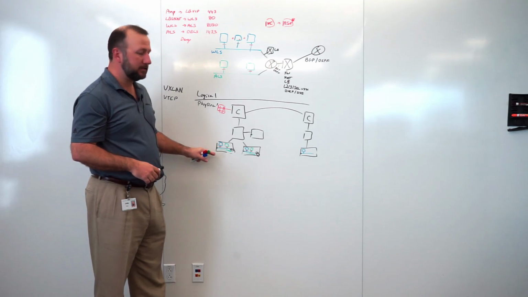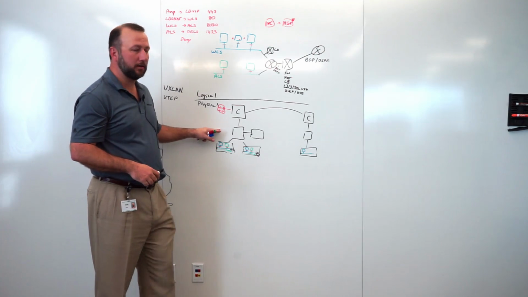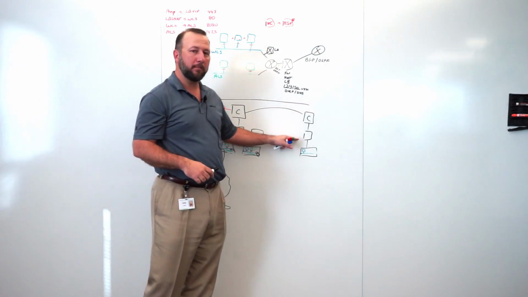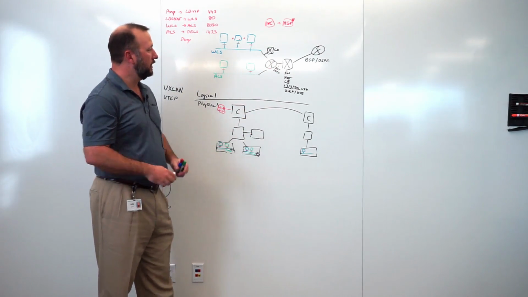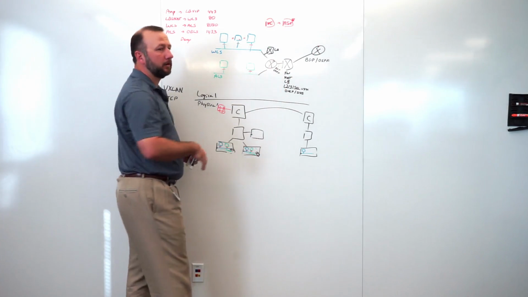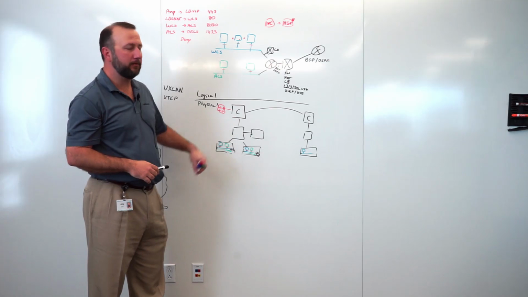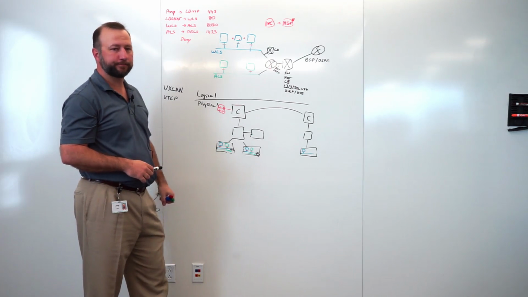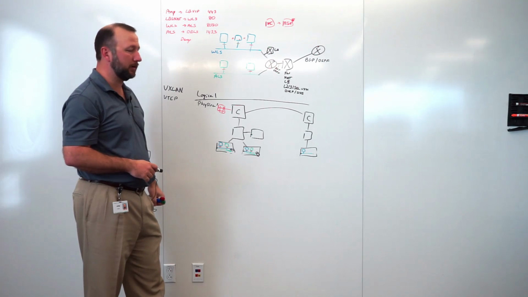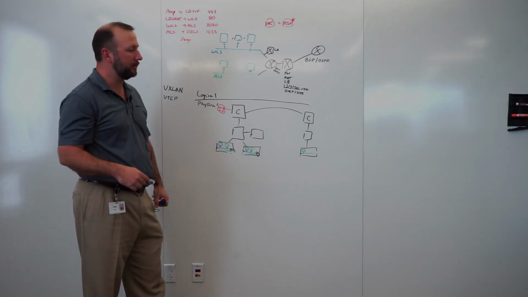So I can now extend my layer 2 segments, my layer 2 adjacency between data center 1 and data center 2, not by stretching VLANs across this geographic distance, but just by extending the overlay network between different data centers and still relying on this underlying IP fabric to be my transport for my VXLAN overlay. So lots of flexibility there when it comes to active data centers, failover, DR scenarios.